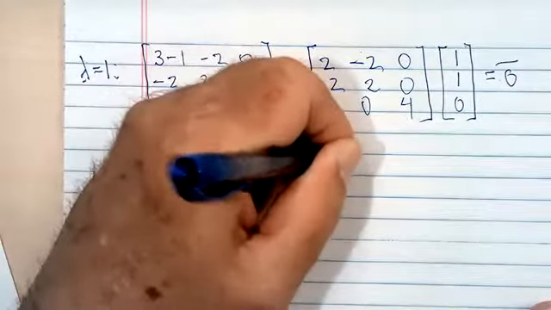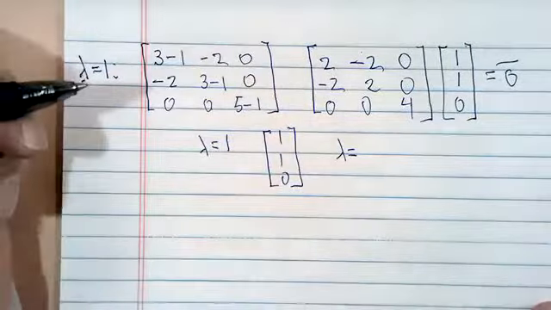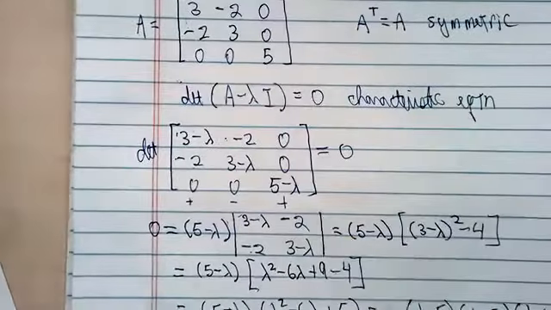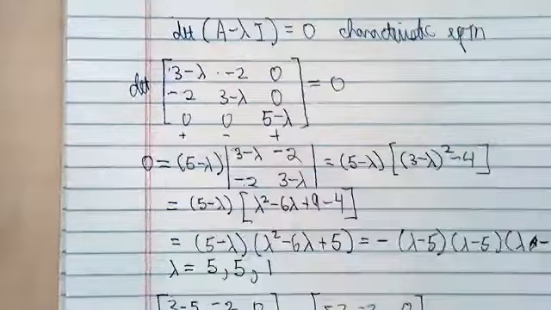And lambda equals, what was it? I forgot. Lambda equals 5 corresponds to 0, 0, 1. And I think it was 1, minus 1, 0. Yes.